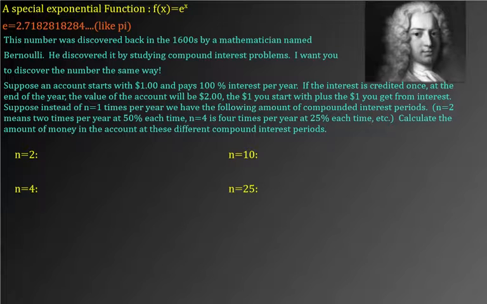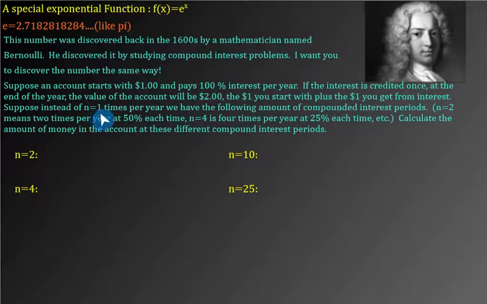So I'm going to let n basically be like representing the years. So that would be like n equals 1, all right? Oh wait, I'm sorry. The n is the number of times that you apply the interest in a year.